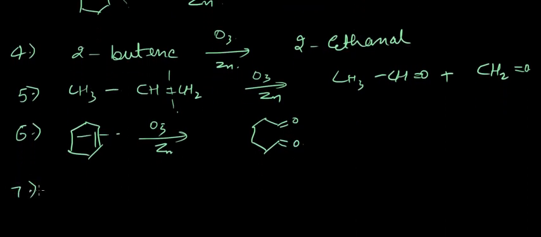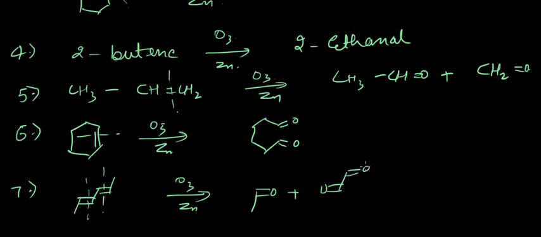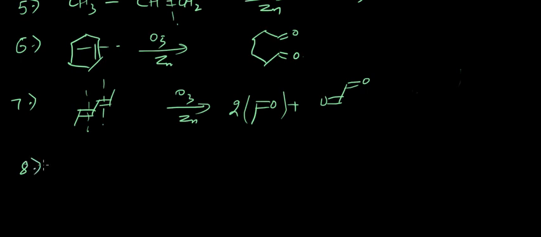Okay, what happens here when we have this and O3, zinc acts here? This bond breaks, so we would have something like this, plus twice this I can write. Okay, because the last structure will be the same as the first structure. What about this?